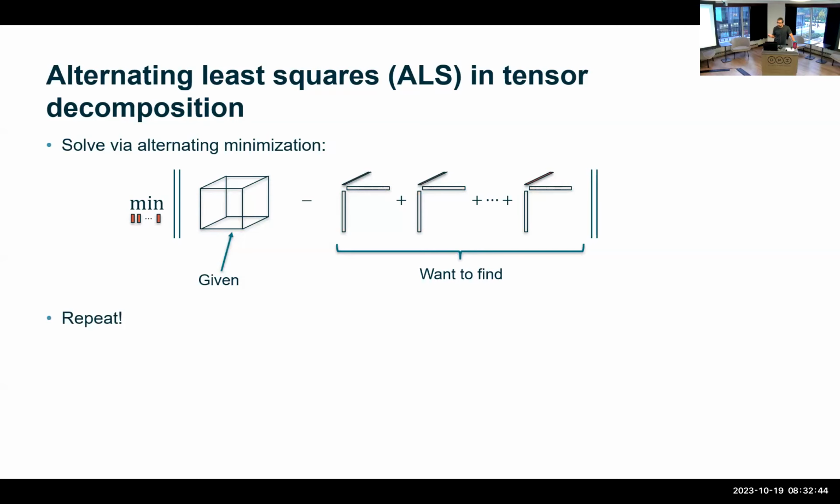Then we repeat this over and over again. The reason this is popular is that each of these turns out to be a simple problem, in fact just a linear least squares problem. And the keyword here for our sketching discussion is that these are least squares problems, so they're good use cases for these sketching ideas.